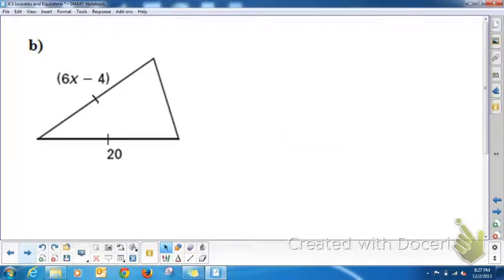Let's take a look at this next example. These congruent marks represent that this is an isosceles triangle, and therefore those are the legs. The two congruent sides of an isosceles triangle are called the legs. That means they're equal to each other. So 6x minus 4 is equal to 20.